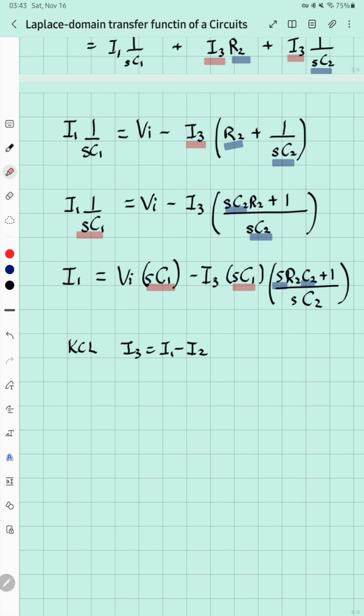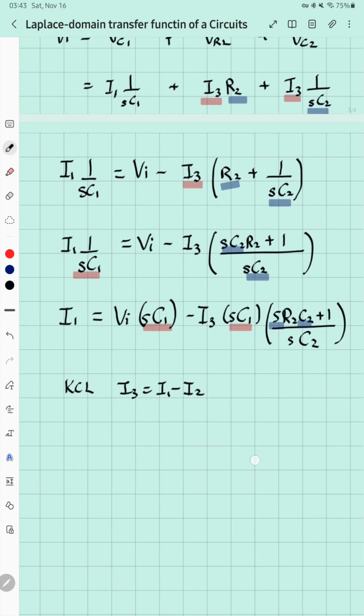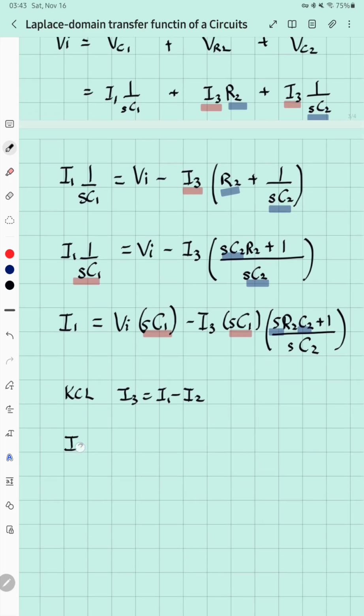We can start writing. So I3 is I1, which is this whole thing up here. So I'm going to write down I1 first, literally rewriting VI SC1 minus I3 SC1 times SR2C2 plus 1 over SC2.